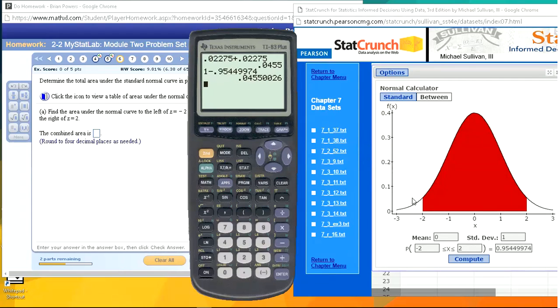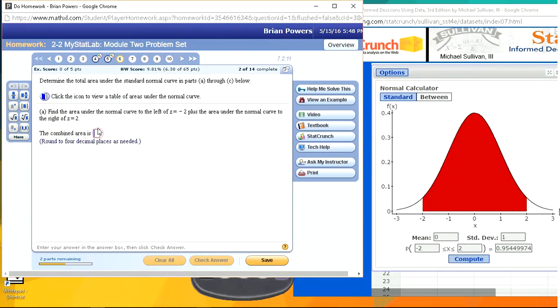So what I did is, to get the area in the tails, I subtracted the area between them from 1, which is the total probability. So you could do it either of those ways. Either way, you get 0.0455.